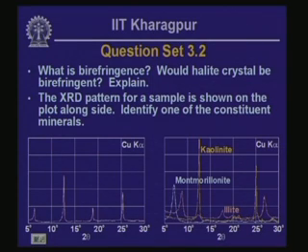I said in the last lesson that if you have a crystal that is isotropic, then it is not going to exhibit birefringence, and as a result halite is also not going to be a birefringent crystal, because halite is an isotropic mineral.